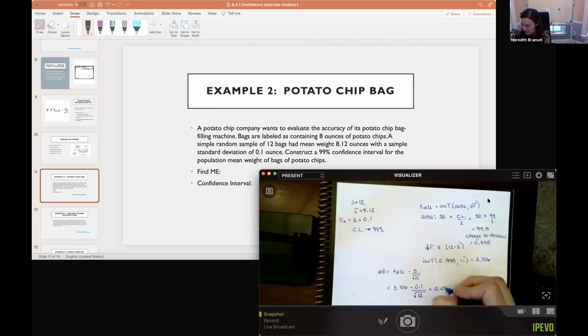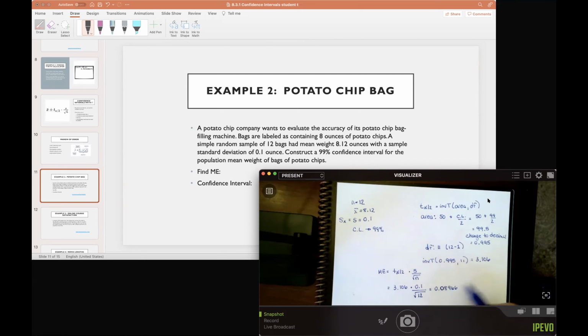Yes, 0.89. Don't forget that 0 in front because that makes a big difference. So 0.08966, and if we're rounding to 3 decimal places, then we get 0.090. Oh, I forgot to square root it. Yeah, I did it like 3.106 times, and then parentheses 0.1, and then square root 12, and then parentheses, and don't forget the divided by outside of that. You gotta put divided by. Oh, yeah, forgot. Thank you.